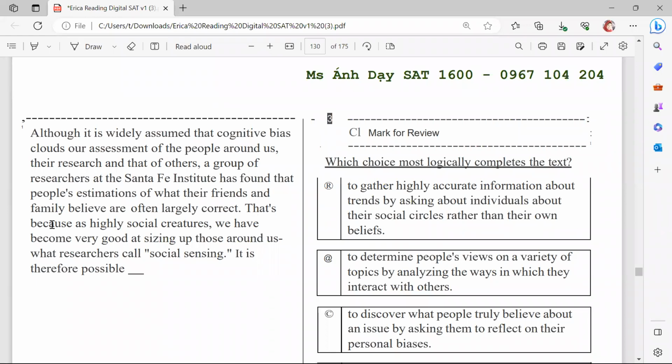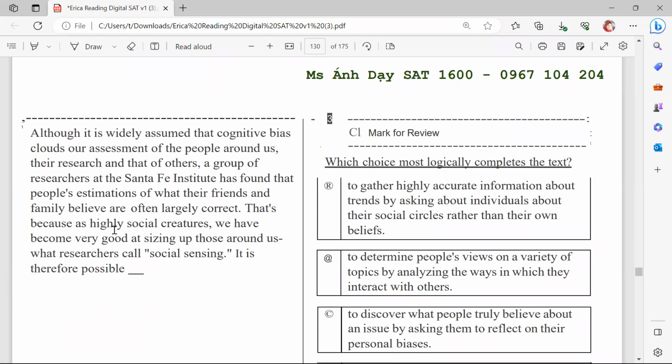That's because as highly social creatures, we have become very good at sizing up those around us, what researchers call social sensing. So this one is positive or negative? Negative. Are you sure?